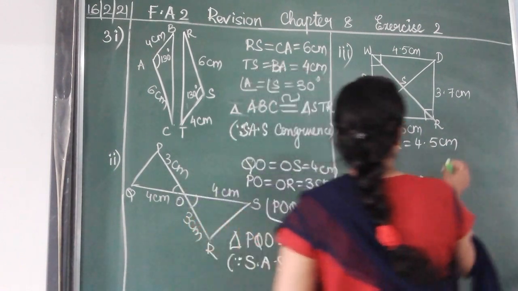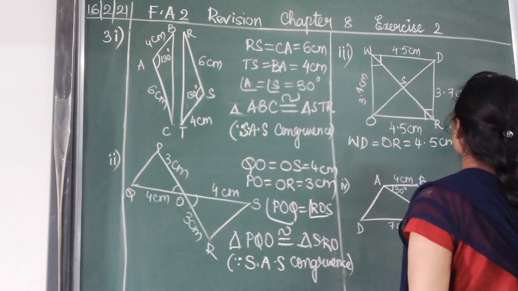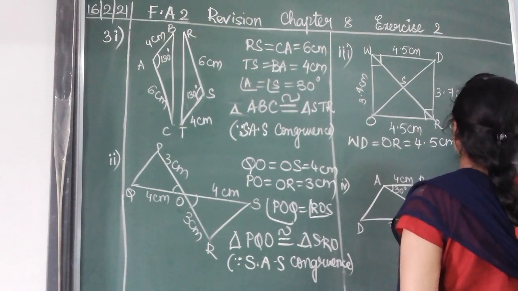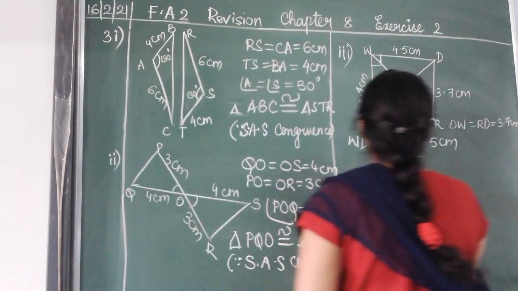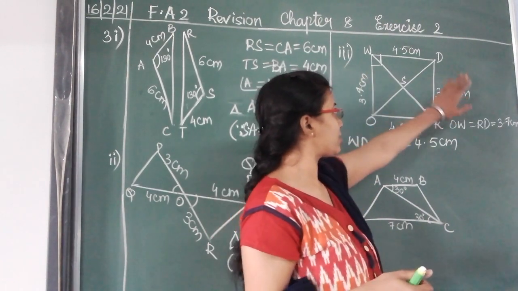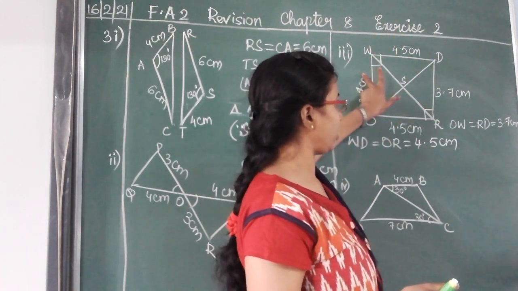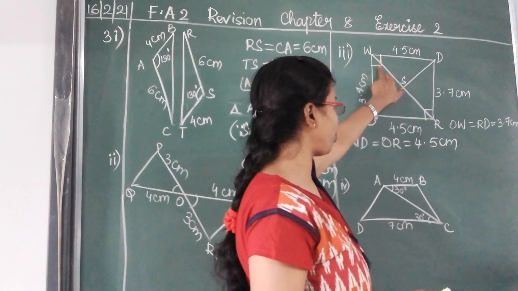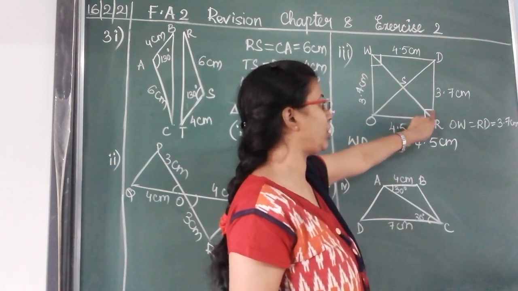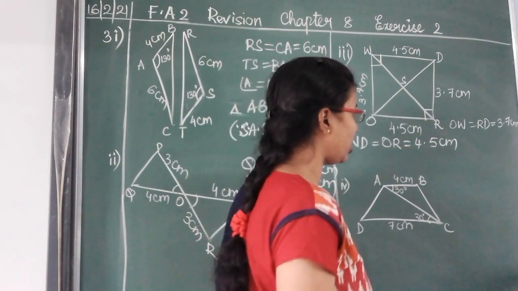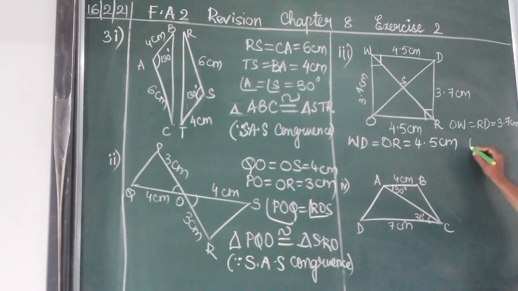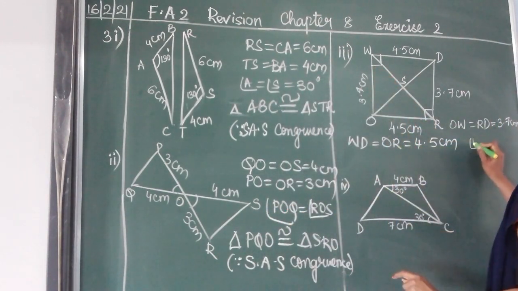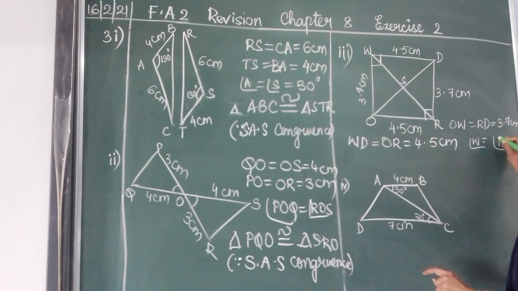Then OW is equal to RD, which is equal to 3.7 centimeters. So 2 sides are equal we have taken. So the included angle should be equal to the included angle of the corresponding triangle. Okay, so let's write angle W is equal to angle R.